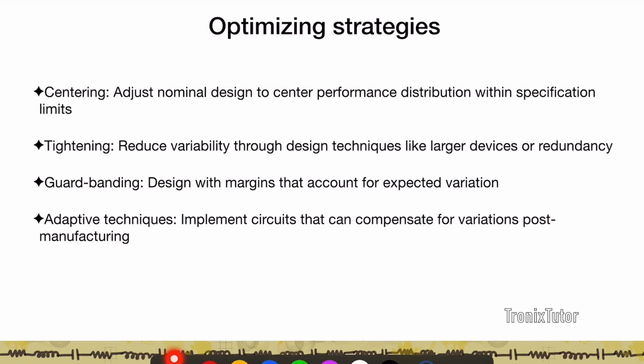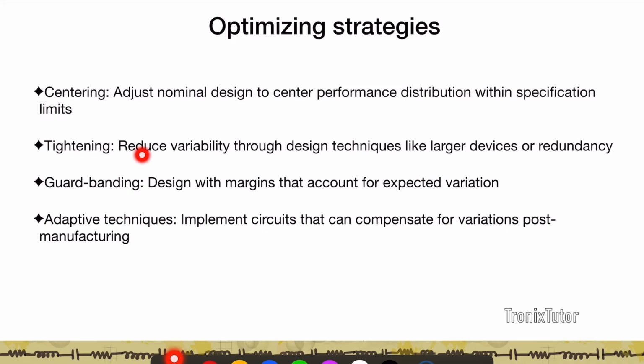And so doing this kind of analysis, you get multiple useful pieces of information, right? It gives you an idea as to where to center the design. For example, how do I set the nominal design so that when I put in variation, the entire design performance fits within the specification limits.